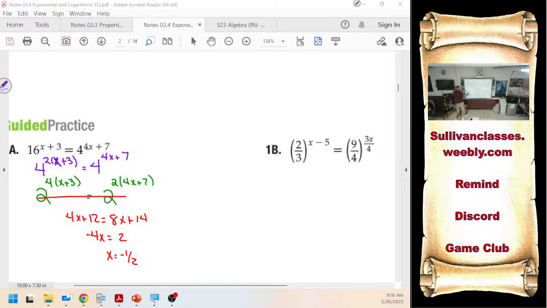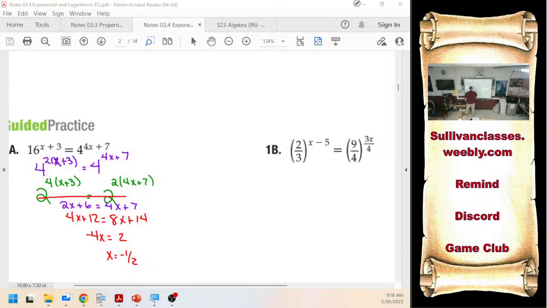If I get 2x plus 6 is 4x plus 7, or if I do powers of 2 instead, see that they're the same thing? Ruh-roh. Probably just missed a sign or distribution. This is a 6. Yep. Found it.